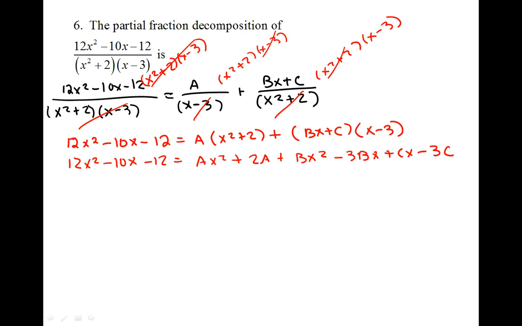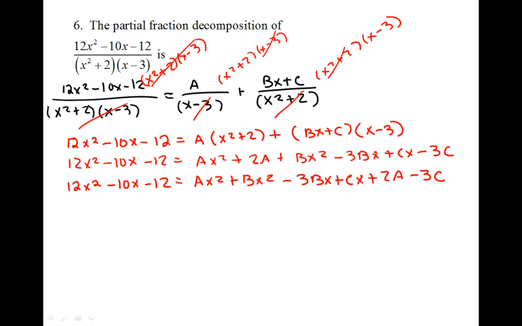Let's go ahead and group our like terms. We'll have 12x squared minus 10x minus 12 equals Ax squared plus Bx squared, your x terms, negative 3Bx plus Cx, and your constant terms, plus 2A minus 3C.